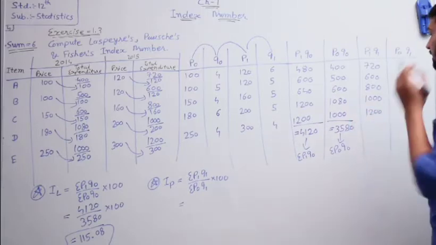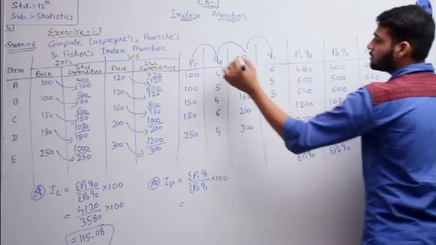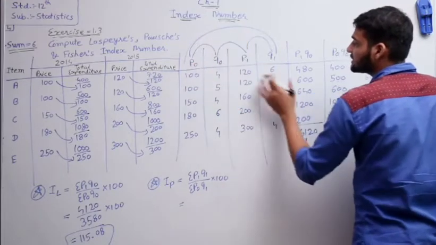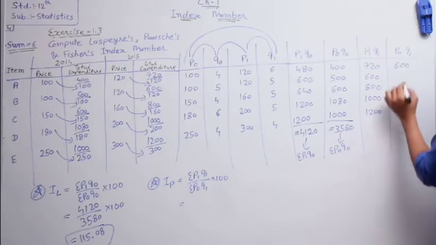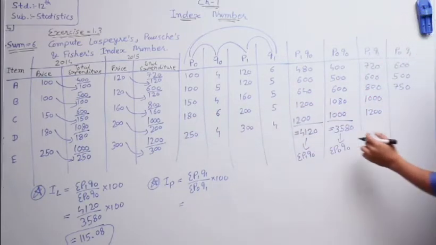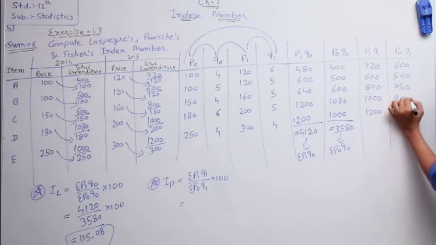Then the multiplication of P0 and Q1, that means we multiply the first and last columns. So 100 multiplied by 6, so the answer is 600. Then 500, then 750. Then 180 multiplied by 5, so the answer is 900.